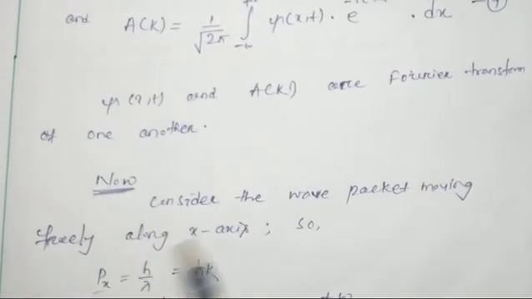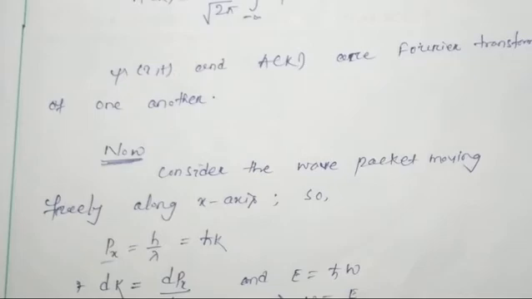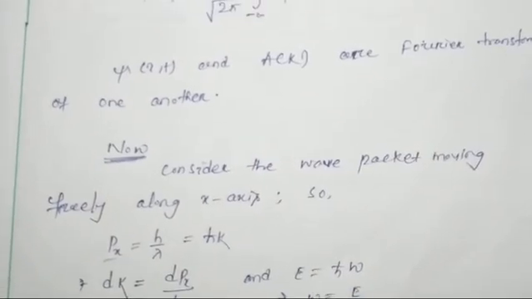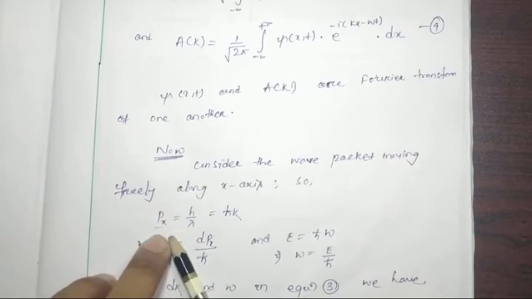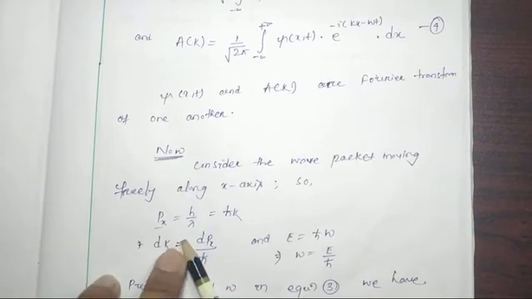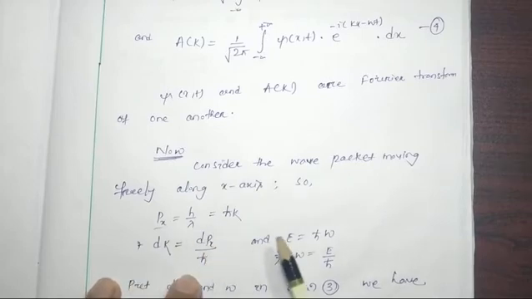So now consider a wave packet moving along the x axis. A matter wave, when it is moving along the x axis, has corresponding momentum p_x equal to h by lambda, which is h cross k. So dk will be dp_x by h cross, E will be h cross omega, so omega will be E by h cross.